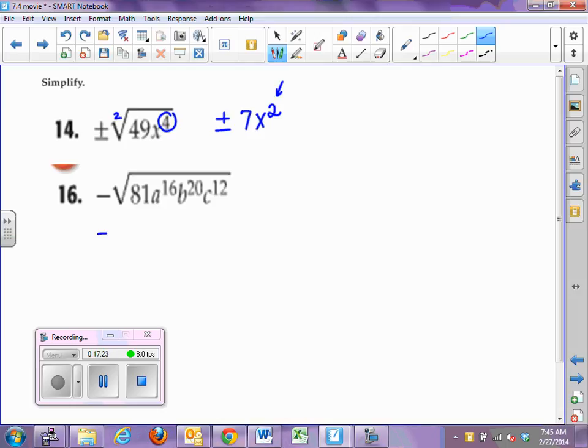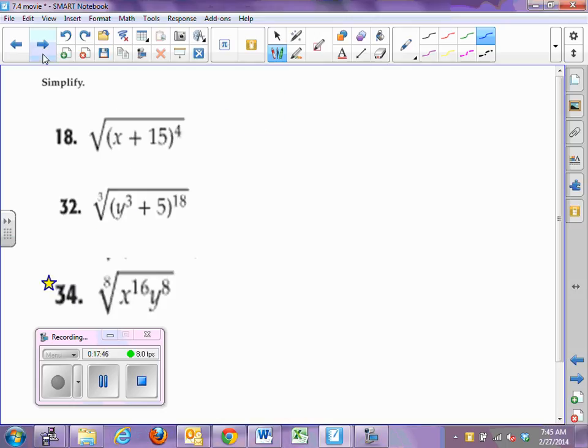This one's going to be negative, the square root of 81 is 9, a to the 8th, b to the 10th, c to the 6th. Do I need an absolute value sign on any of these? No, because all the exponents are even. I don't need it.